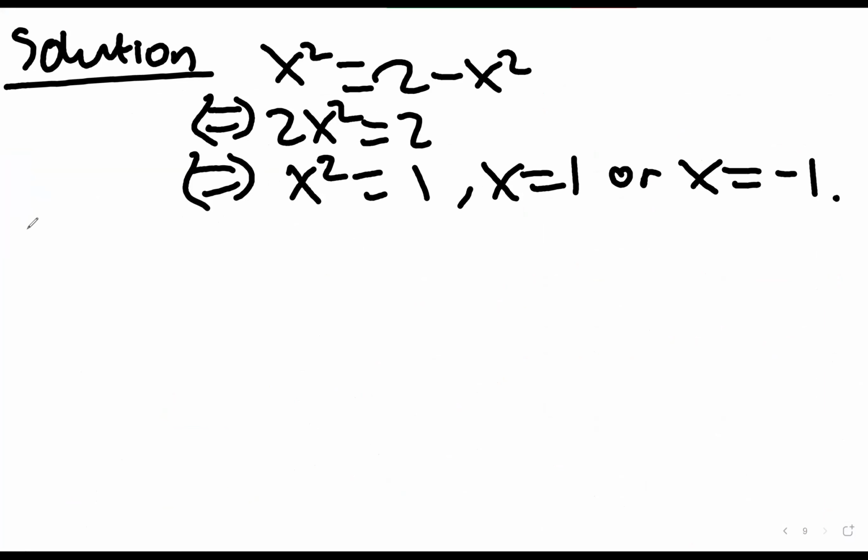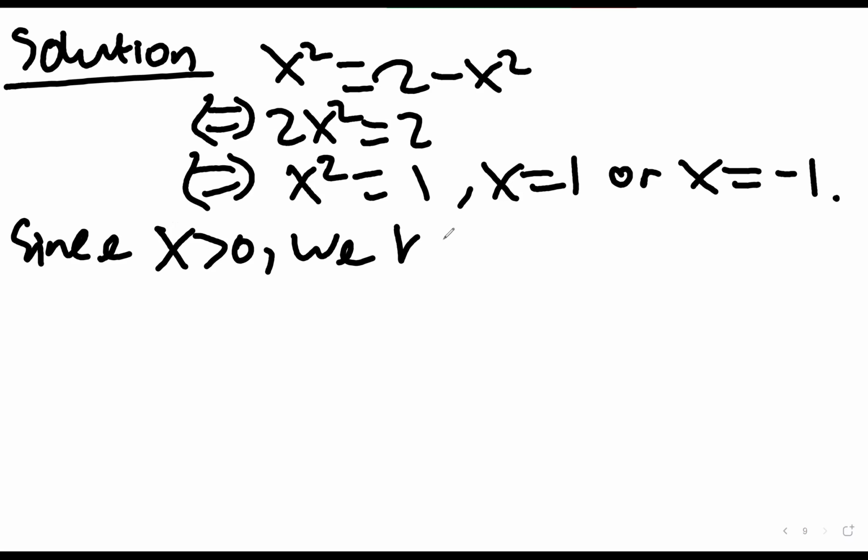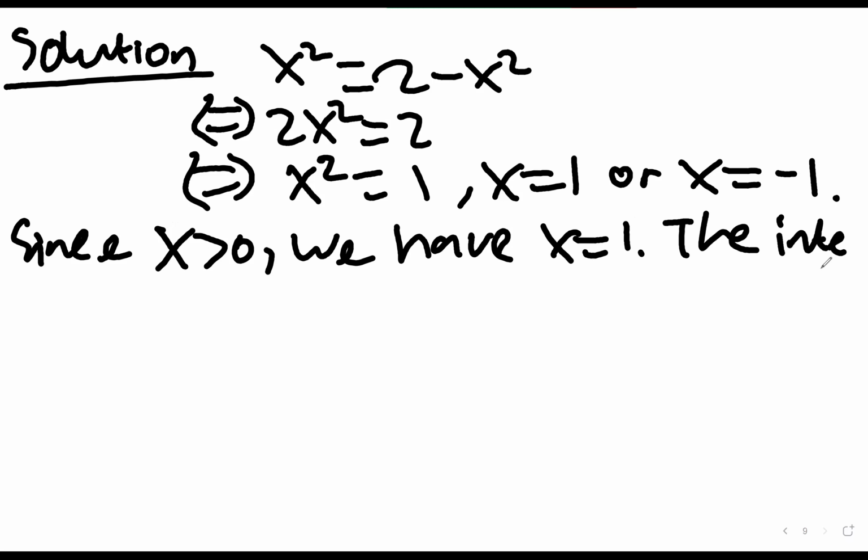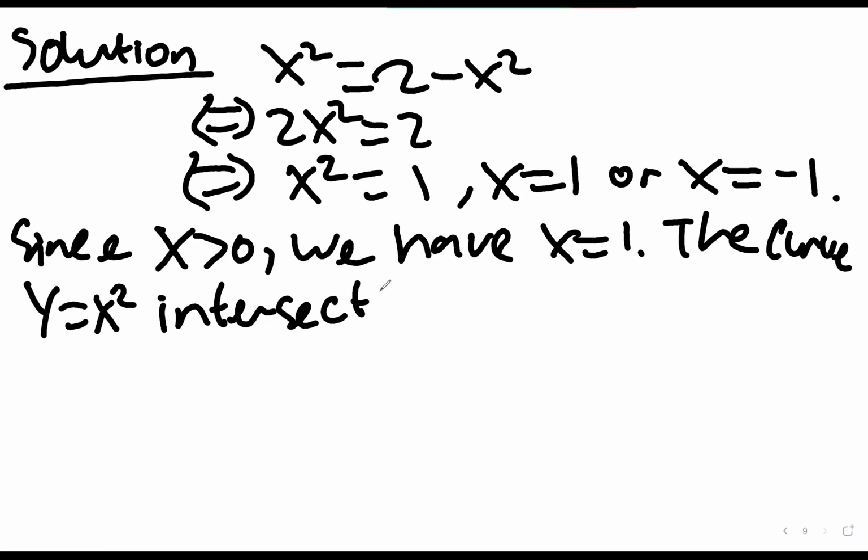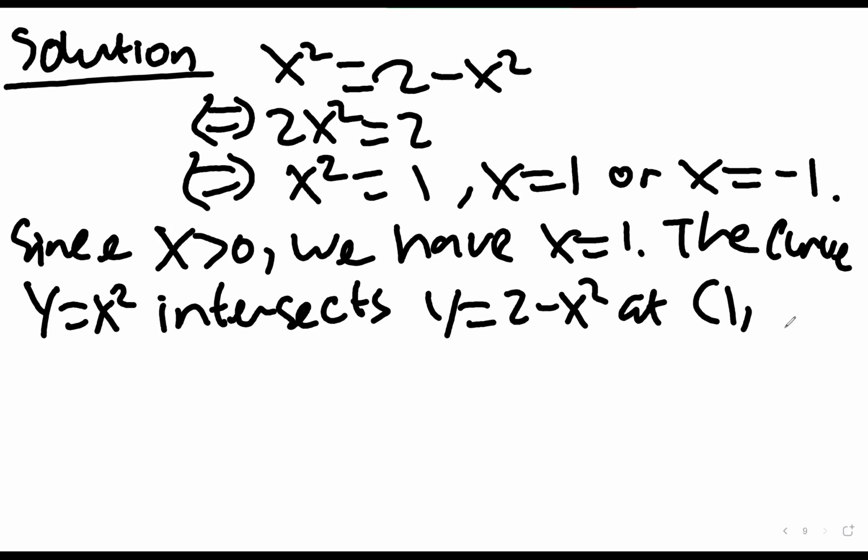But since x is positive, we have x equals 1. So the conclusion is that the curve y equals x squared intersects y equals 2 minus x squared at x equals 1 and y equals 1, the point.